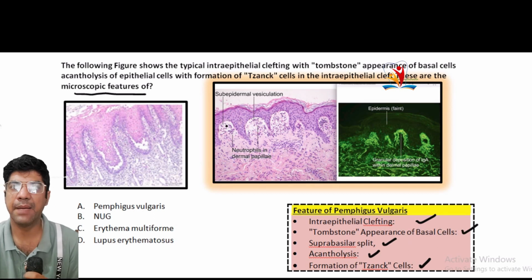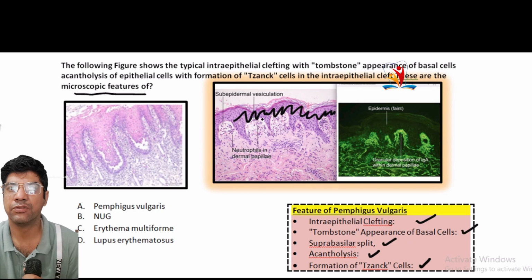Now, what is intraepithelial clefting? Intraepithelial clefting means separation of the epidermal layers within the skin. So when there is separation of the epidermal layer, it will be seen as intraepithelial clefting.